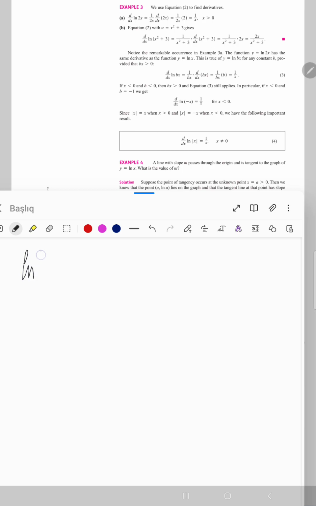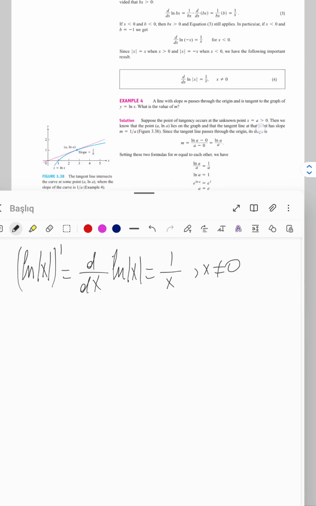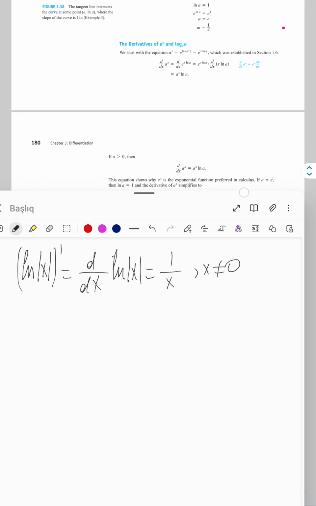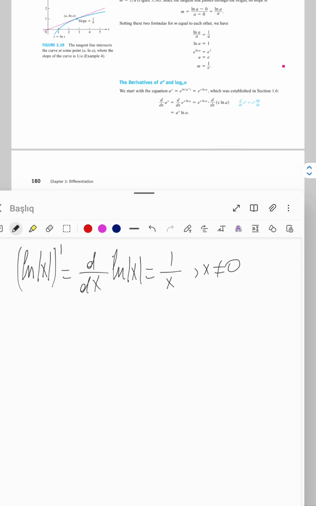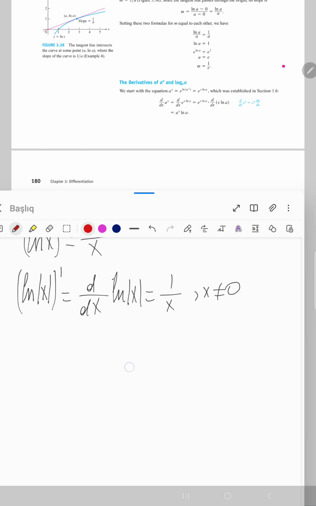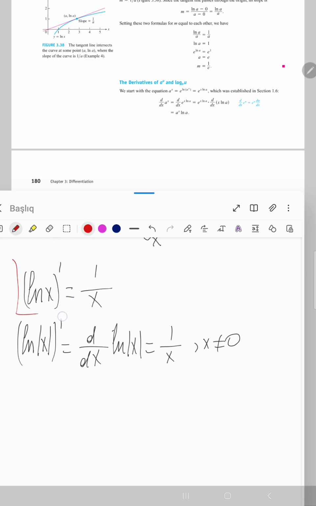The derivative of ln modulus of x, of course you can write it as d over dx ln modulus of x, equals 1 over x. Of course x cannot be equal to 0. Okay, this is a nice formula that you have to remember from this chapter.